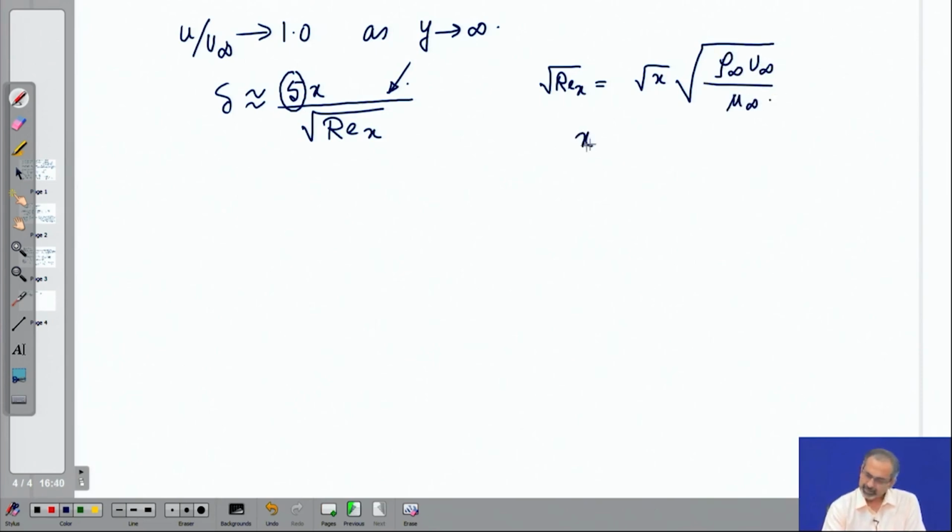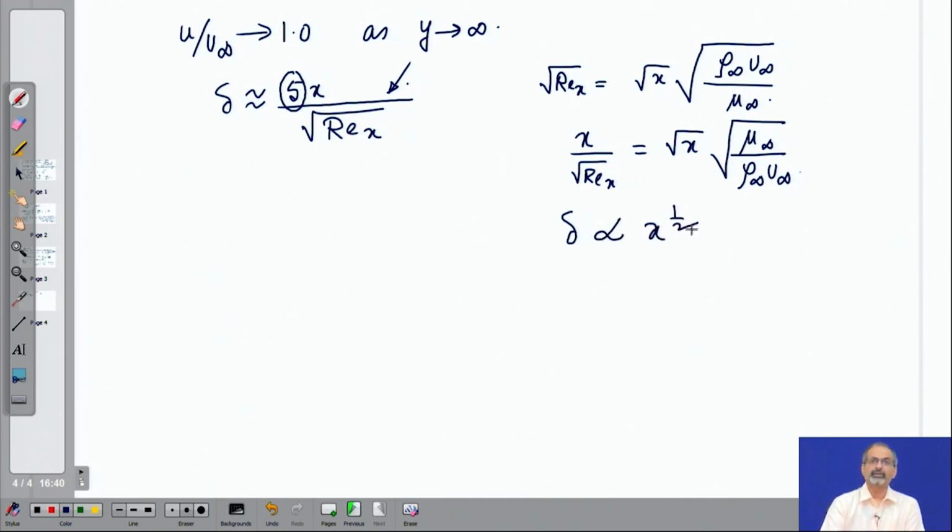So, if you do x by root Rex, it boils down to root over x into under root mu infinity by rho infinity u infinity, which means that when you go back to this expression, delta must be proportional to square root of x. That means delta increases with distance by following this law.